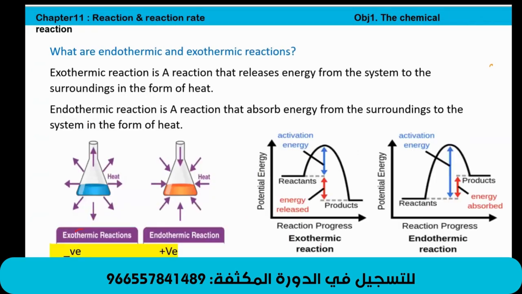Okay, we talked about activation energy. Also, we mentioned the activated complex. Now we have 2 types of reactions, endothermic reaction or exothermic reaction. Take a look at those 2 graphs before we discuss. The endothermic, whatever the graph is, take a look. I start with reactants, and then I give them the amount of energy they need, which we call activation energy, so they can start my reaction, and then go up.